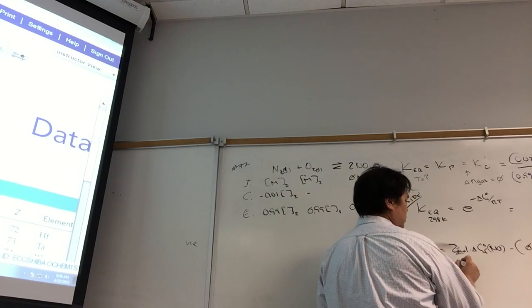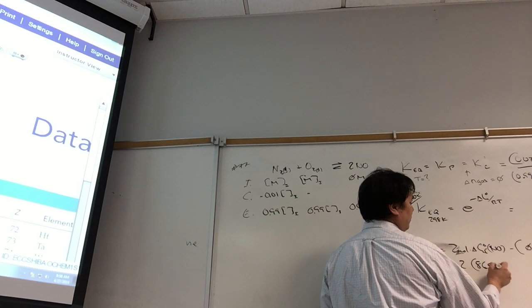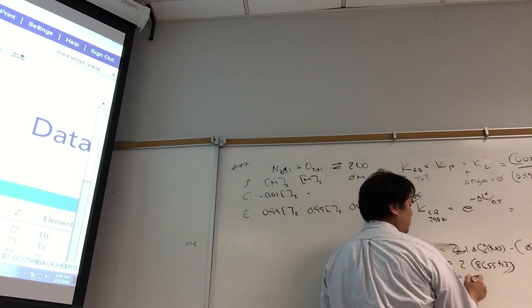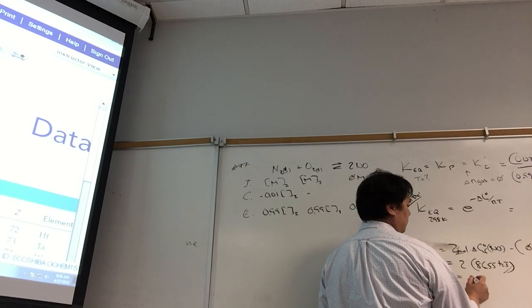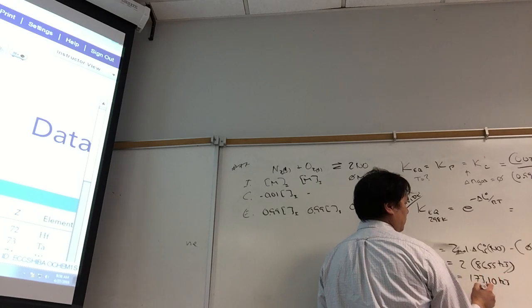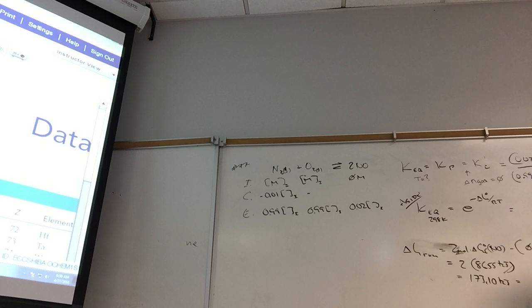And so it's going to be 2 times 86.55 kilojoules, which is going to give us 173.10 kilojoules, which is 173,100 joules. Is this spontaneous or non-spontaneous?